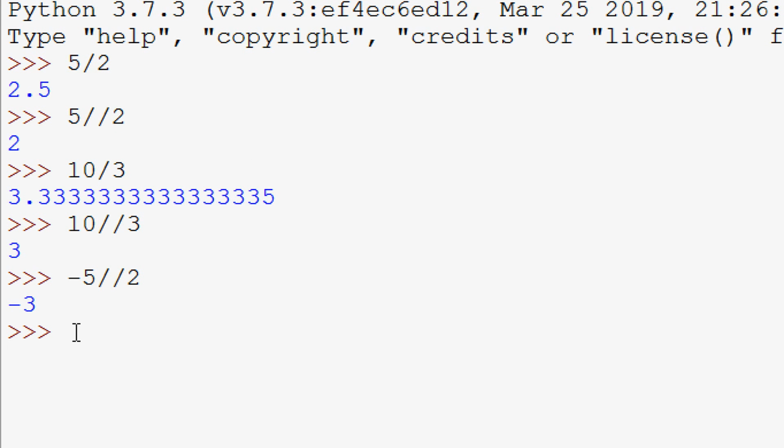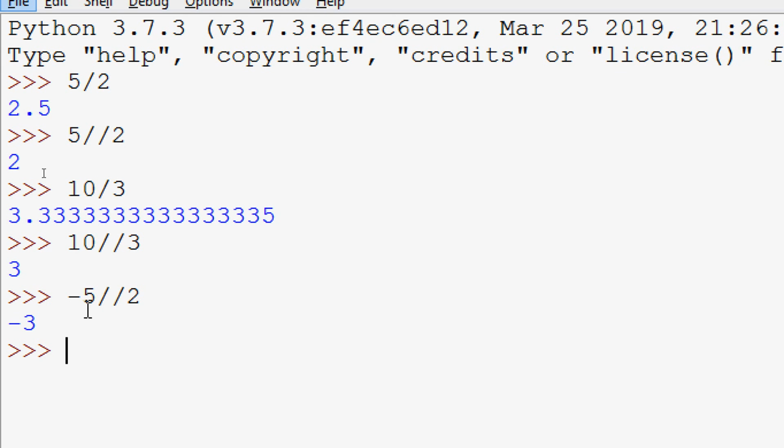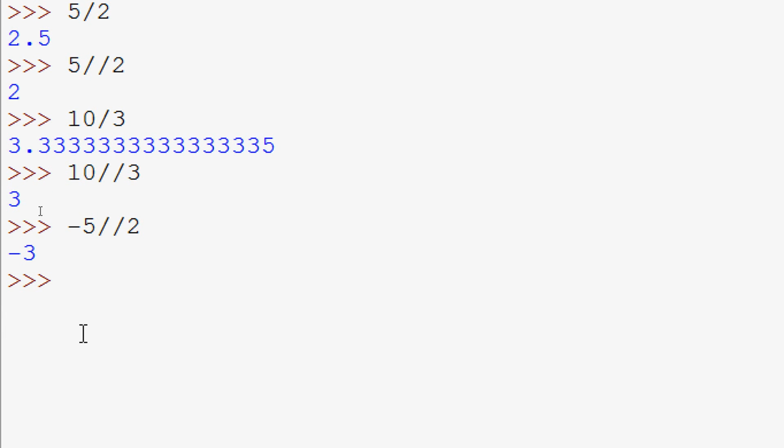When we do -5 divided by 2, we will get the answer -2.5. As we are using a negative number with floor division, the result is floored, so it gives -3. We will try one more example using negative. We will give -10 floor division 3. Here you think we will get 3.333 something, but the result will be floored and we will get -4.